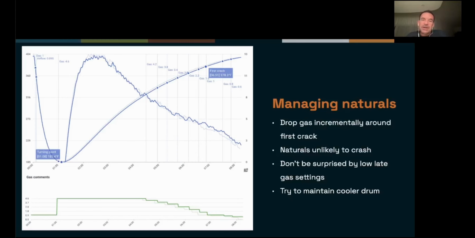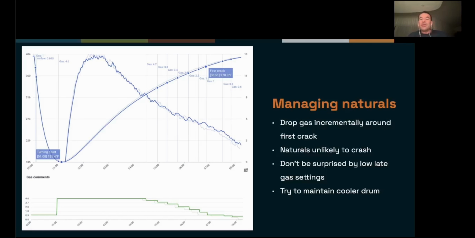So before first crack, you might drop the gas every, say, 4 degrees of bean temperature, and then maybe after first crack, 3, and then 2. But naturals tend to want to accelerate toward the end if you don't drop the gas sufficiently, and you might have surprisingly low gas settings for naturals during first crack.